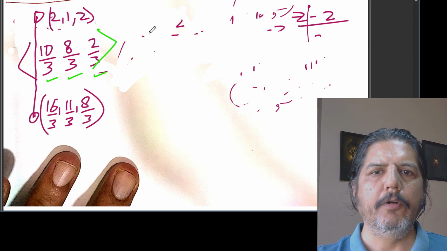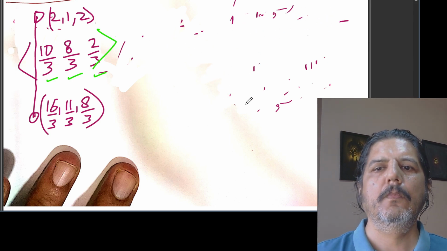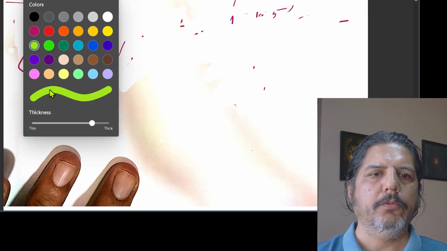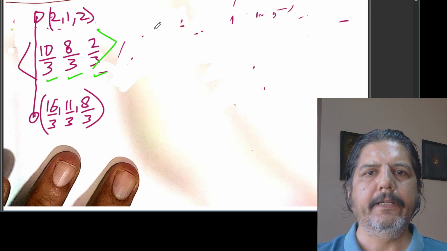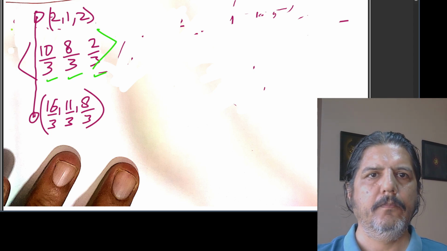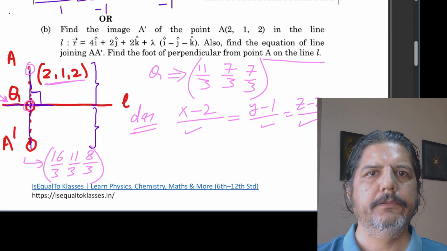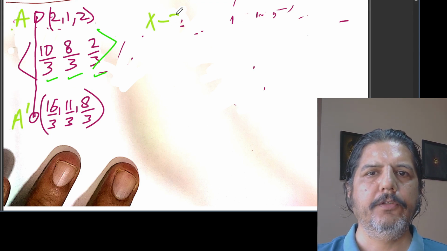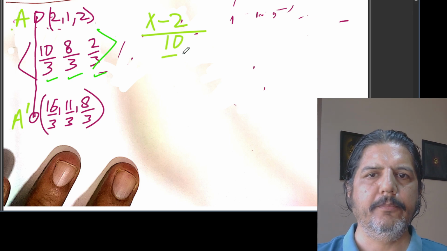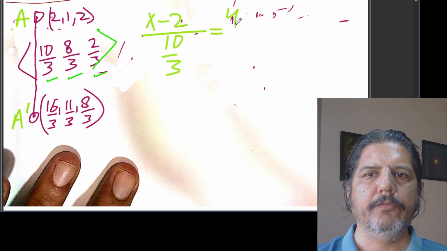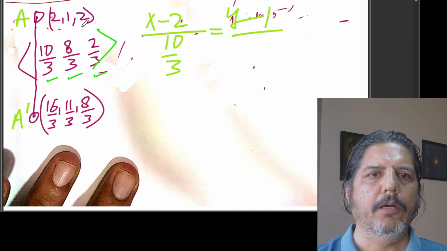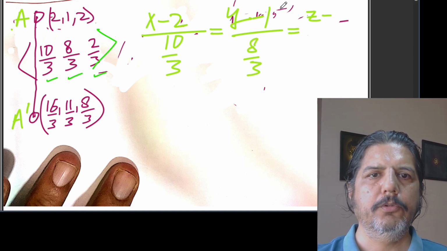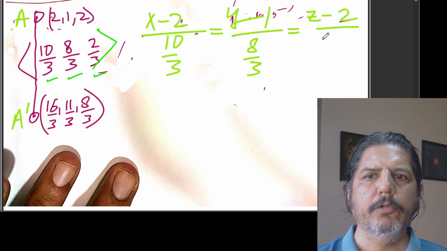I have found the direction ratios. Now I can write the equation of the line AA dash as x minus 2 upon 10 by 3 is equal to y minus 1 upon 8 by 3 is equal to z minus 2 upon 2 by 3.